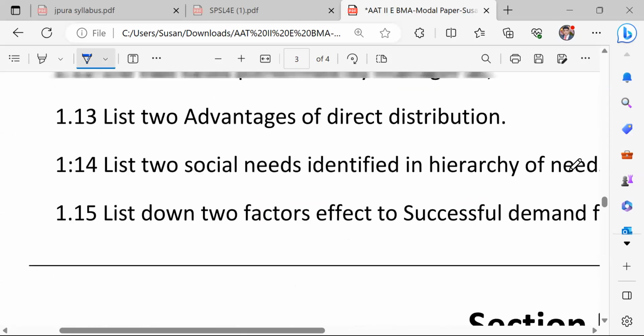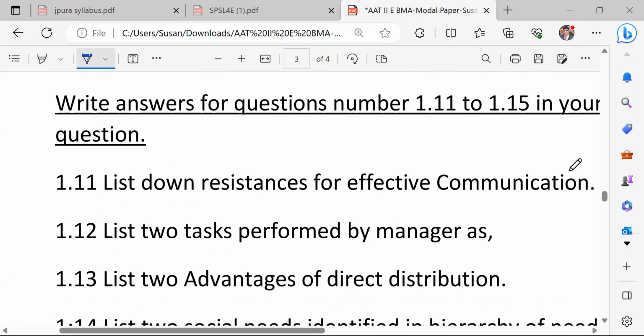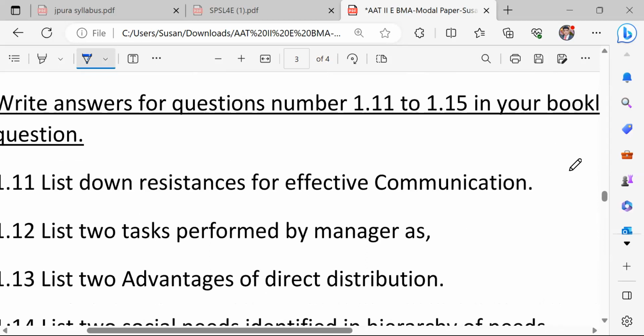You have 5 sections. List down 2 resistances to effective communication. What are the resistances for communication? There may be physiological resistance, maybe deafness.